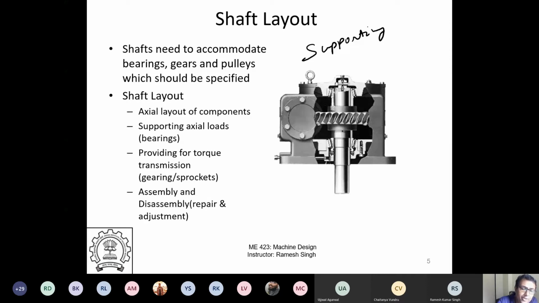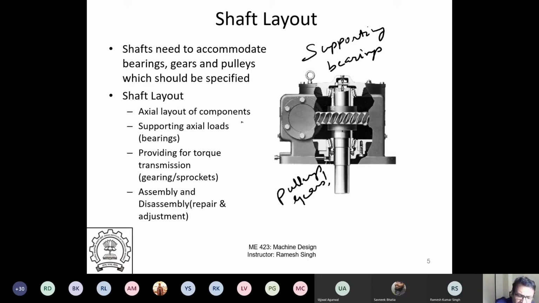And then for transmitting, you'd need pulleys, gears. So all this needs to be accommodated, and you have to design a shaft layout. So one of the things is how to lay out the shaft so that we can have all these components.